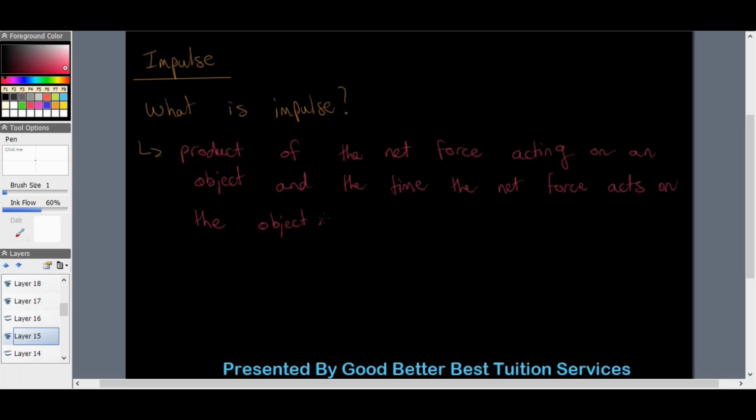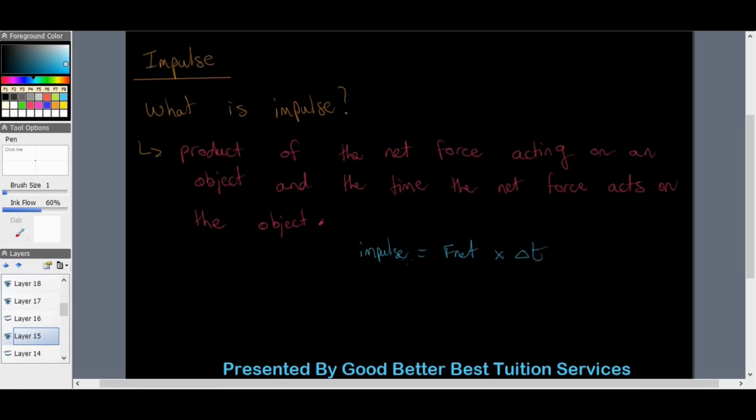In other words, we have the formula: impulse is equal to F net times delta t. That is impulse.